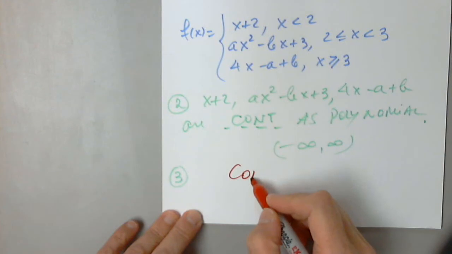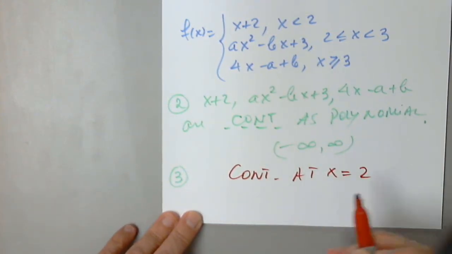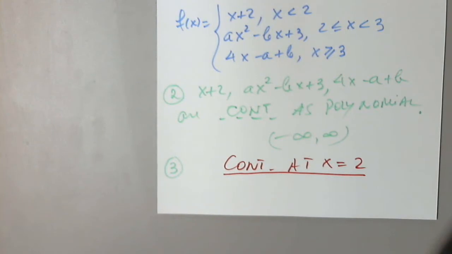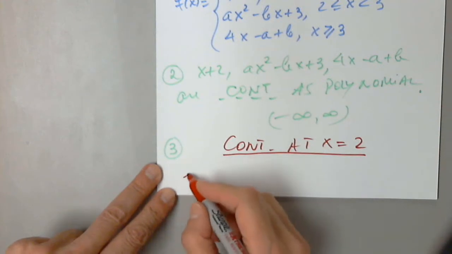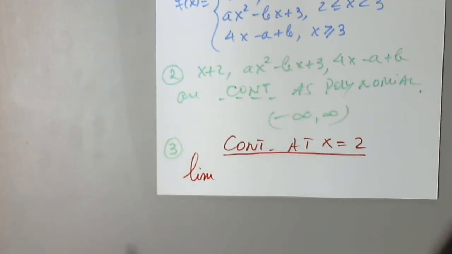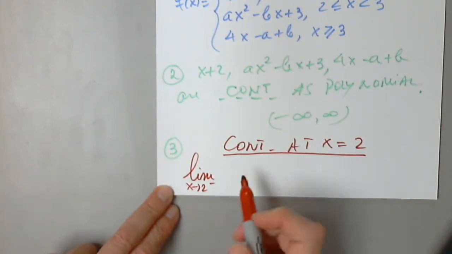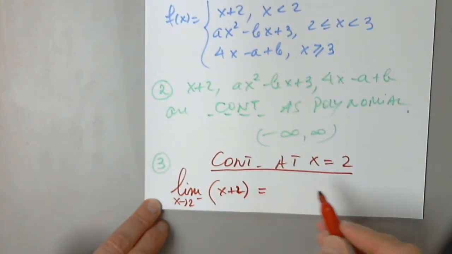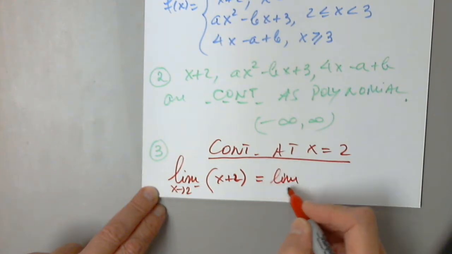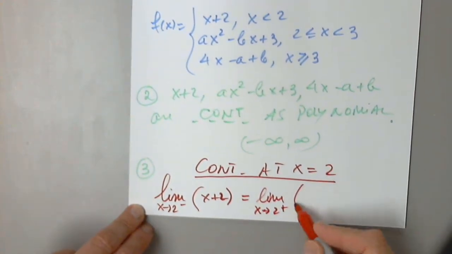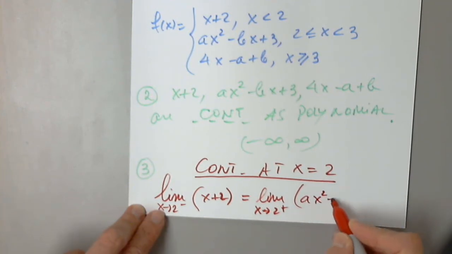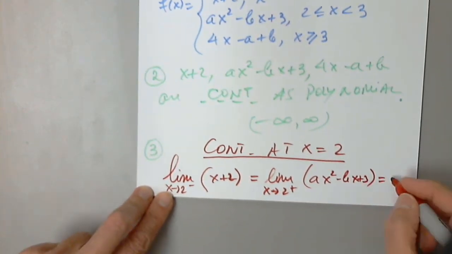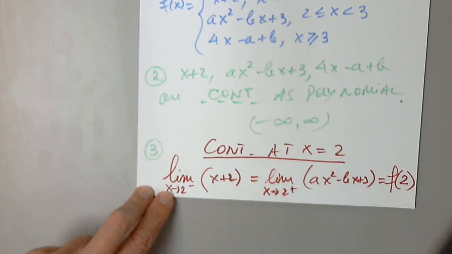So continuity at x equals 2. What has to happen at x equals 2 for this function to be continuous at x equals 2? The limit as x approaches 2 from the left must equal the limit from the right, and must equal f of 2.